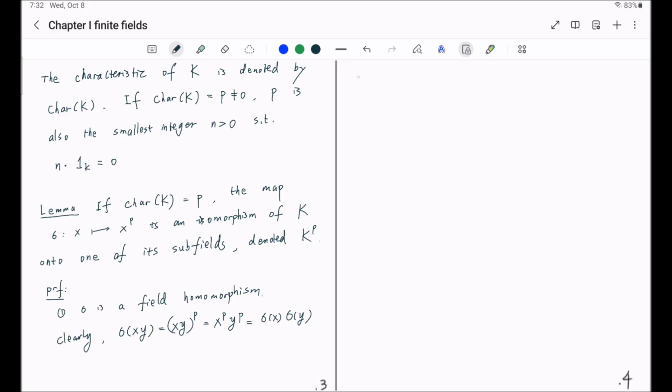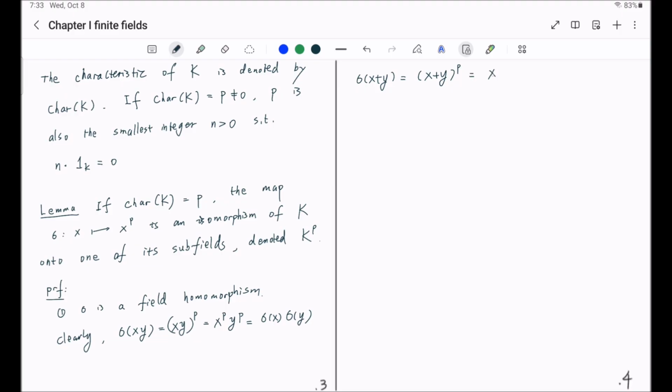Then what about the sum? Sigma of x plus y, by definition, is equal to (x plus y) to the power p. This may be an exercise you have done in your basic abstract algebra class or number theory class.